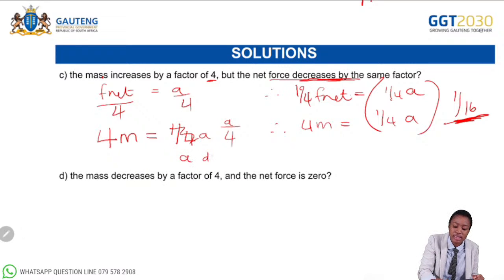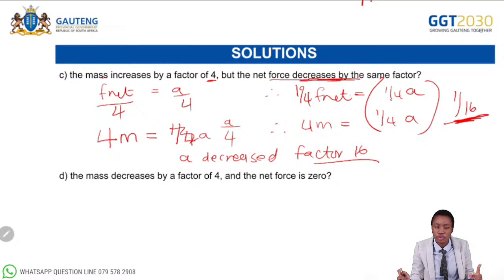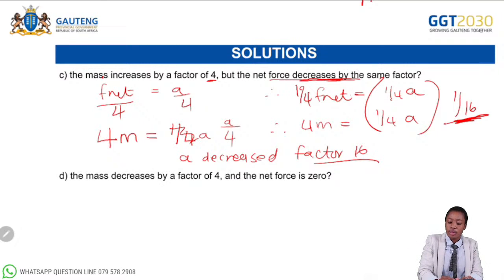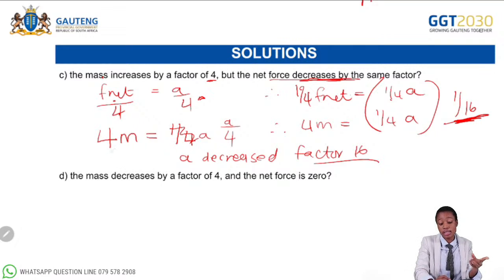So acceleration decreased by a factor of 16. Do you understand that? Why? We decreased net force by a factor of 4, so acceleration will decrease by a factor of 4. At the same time, we increase the mass by a factor of 4, but there's an inverse relationship, so acceleration will also decrease.